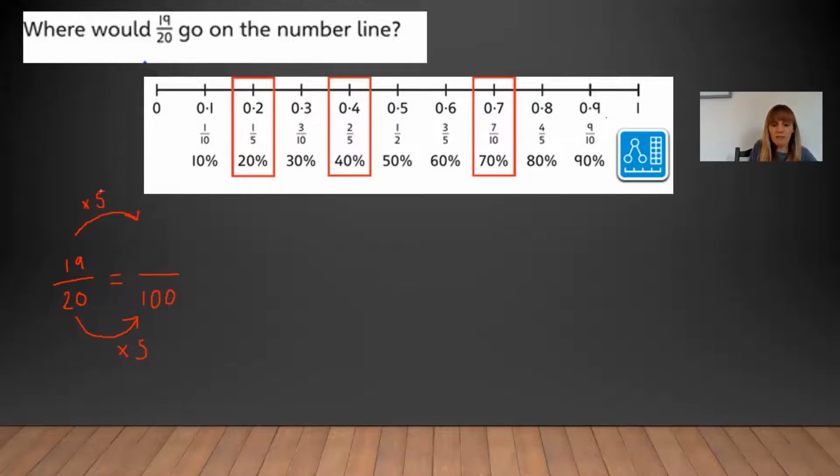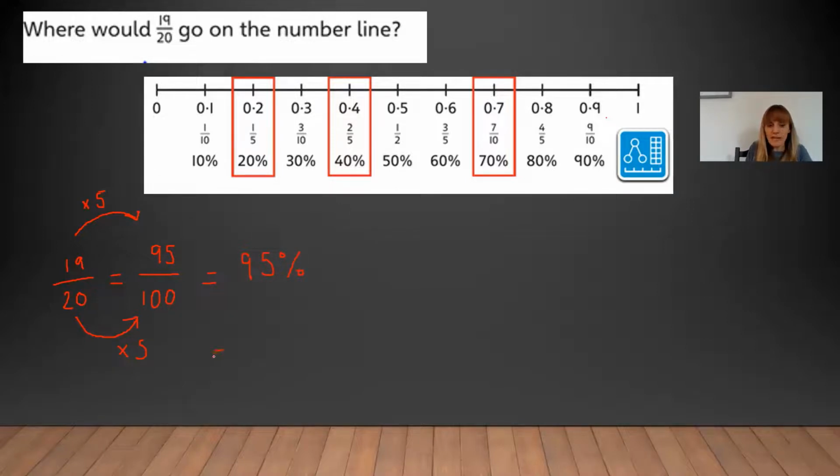Now, 19 times 5, well, 20 times 5, so 2 times 5 is 10, so 20 times 5 is 100. Therefore, 19 times 5 is going to be 5 less than 100, which is going to be 95. So 19/20 is the same as 95 hundredths.